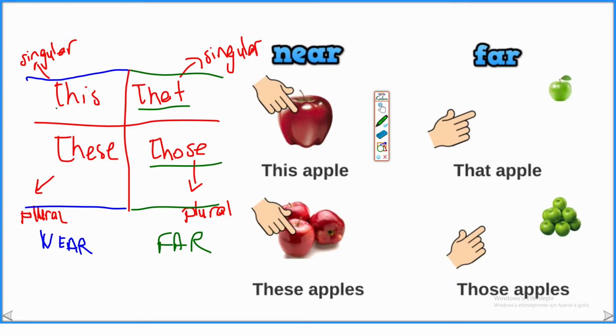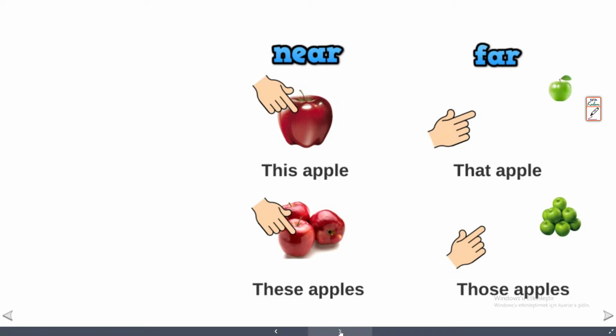When it is singular and near, we use this, but when it is plural and near, we use these. It is so easy. I think this topic is so easy, but you must be focused on the information that I gave you before. Guys, I think we can go on with the next page.